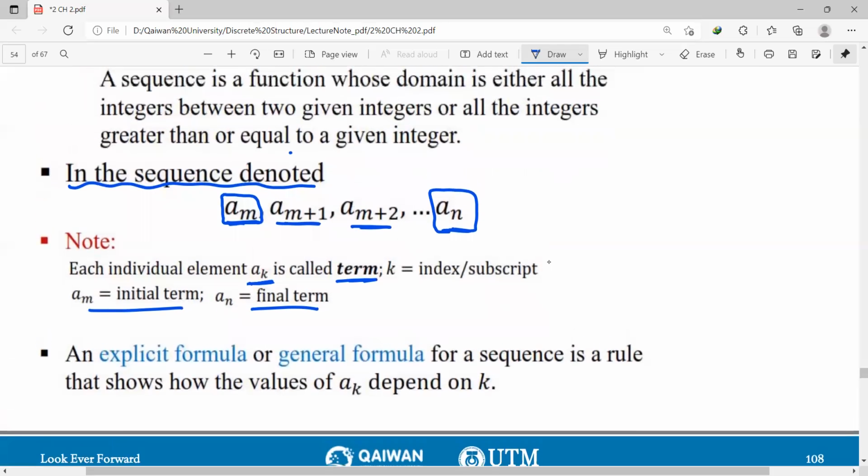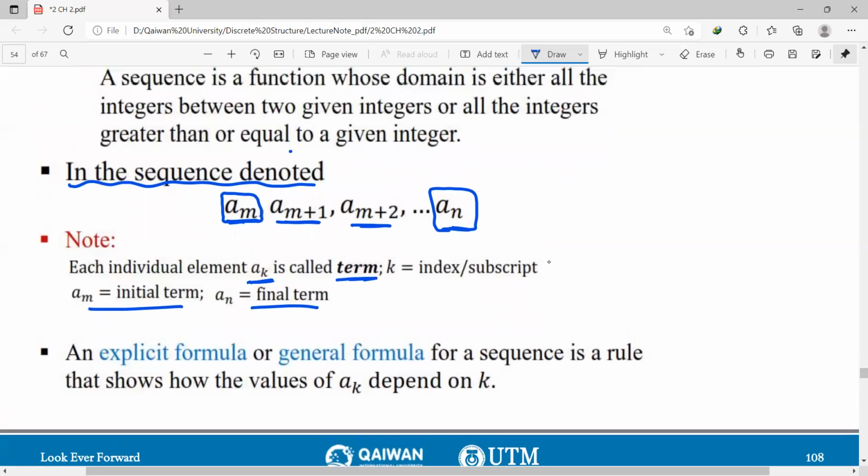Here, we can express a sequence by a formula. We say an explicit formula or general formula for a sequence is a rule that shows how the values ak depend on k.